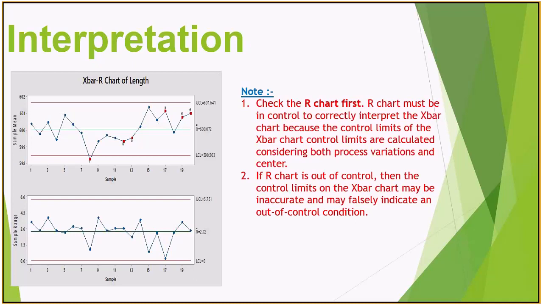Because we are checking stability with the help of a control chart, and if your range chart is not stable, there are strong chances that your X bar chart may be inaccurate, because the control limit of the X bar chart is inaccurate, right?